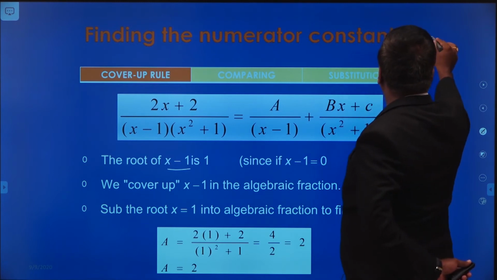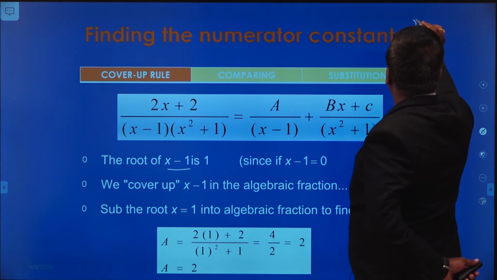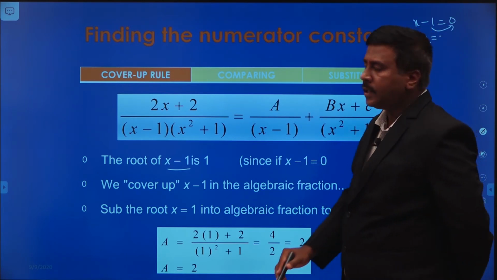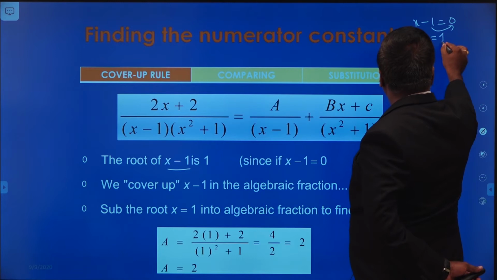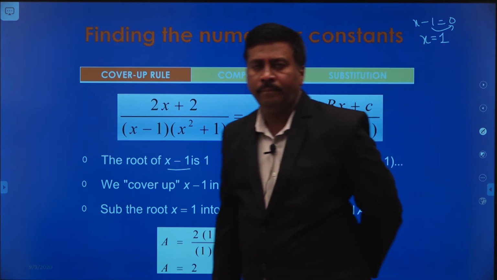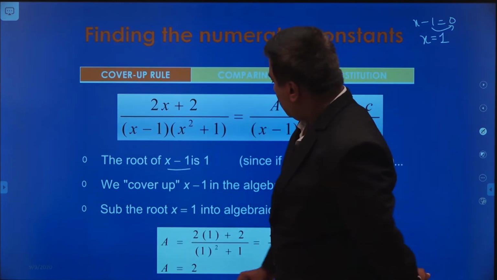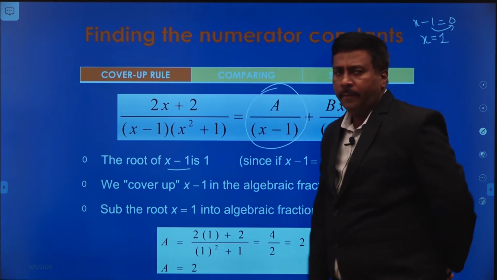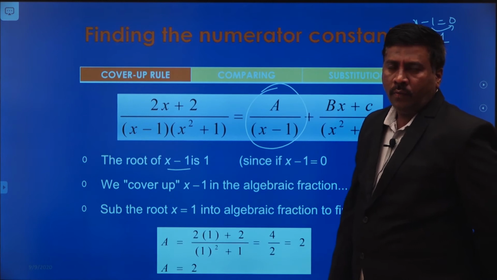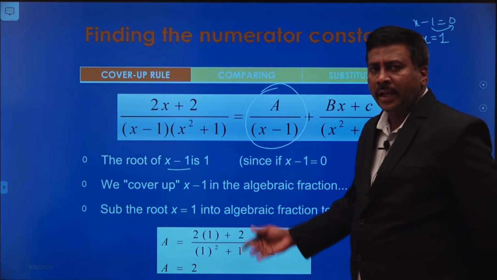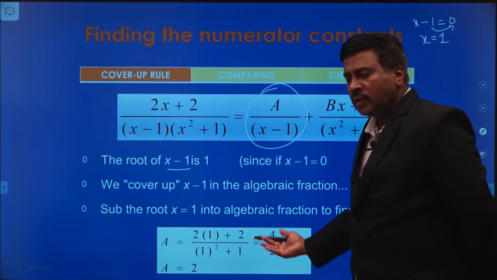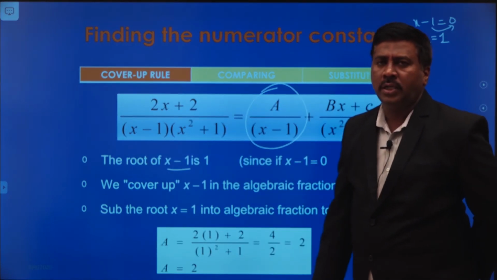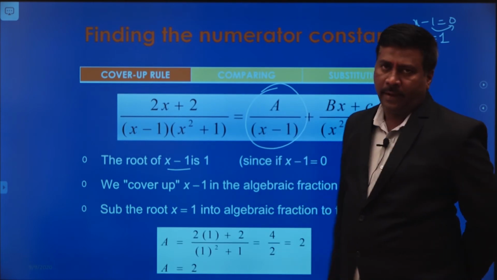Simply what we did in the previous methods, x minus 1 equal to 0, bring this 1 to the right hand side, then automatically we get x equal to 1. So here we want to find the value for A. The value that makes the denominator under A zero has to be substituted in the given assumed partial fraction, and then we get the value for A.